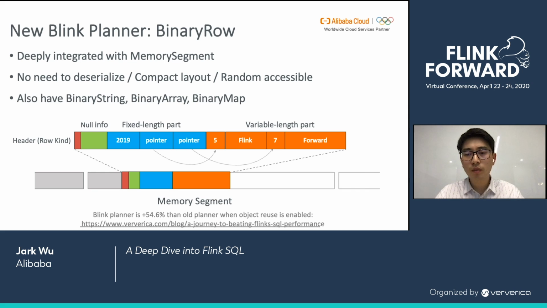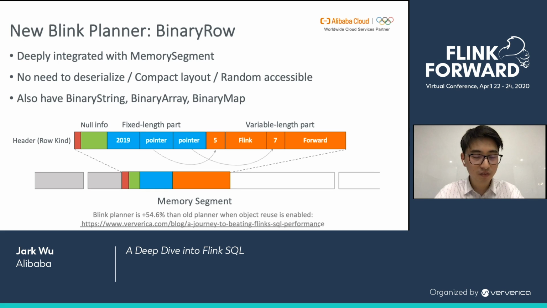We also introduced other binary structures for the same purpose, including binary string, binary array, and binary map. We use them as the basic data structure in Flink Planner for both streaming and batch. It not only works perfectly in batch, but also improves performance a lot in streaming.